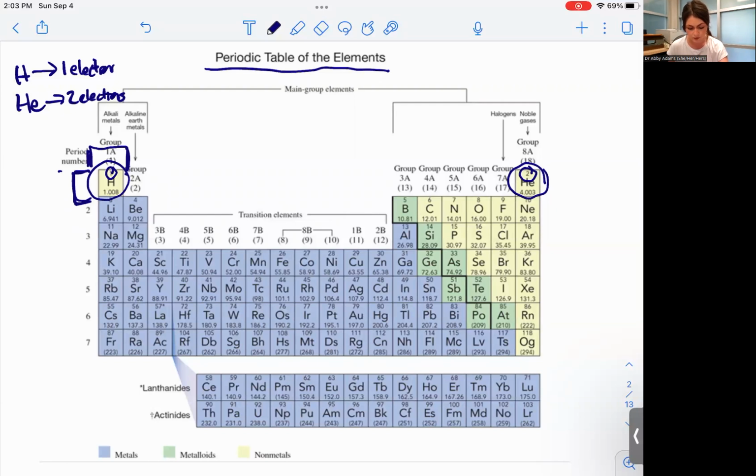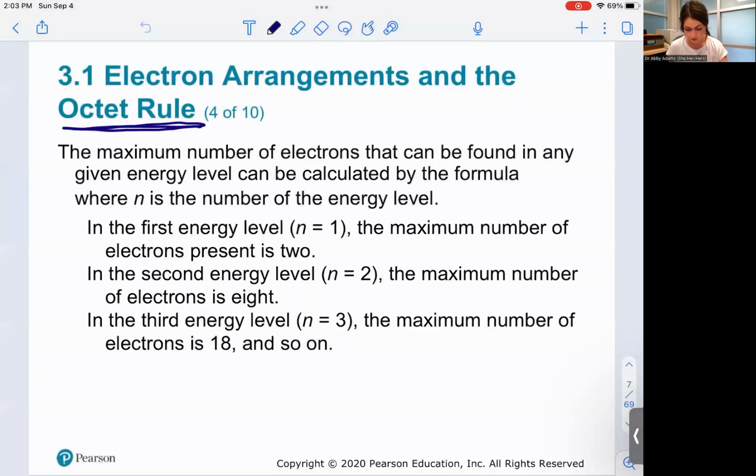But that may sound a little confusing at first. So what do I mean by the max number of electrons in an energy level for an atom of an element? So let's go back to our PowerPoint. So when we're trying to figure out the maximum number of electrons that can be found in a given energy level for an atom of an element, you can use a formula for that.